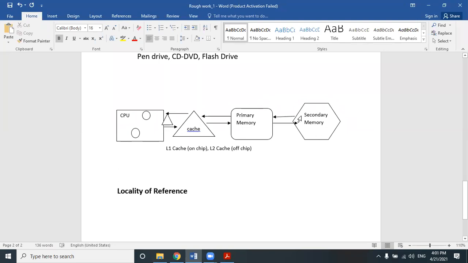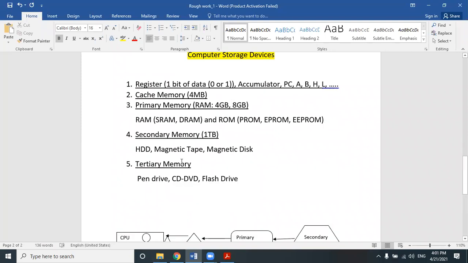And the data is transferred in just the reverse order. That's why this two-way arrow has been represented here. Is it clear to everyone? Anyone has any question? No, sir, it's clear. It's a very, very important concept, locality of reference. Everyone, please remember it.